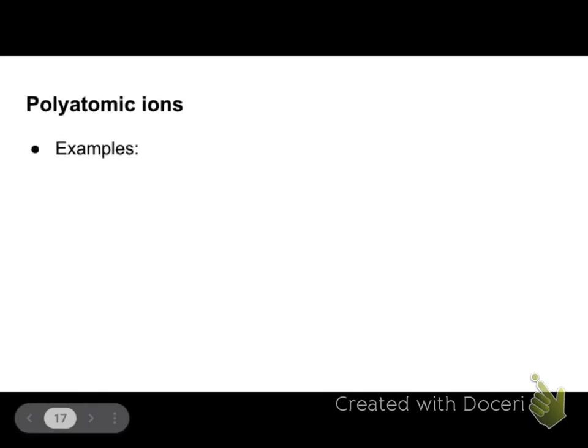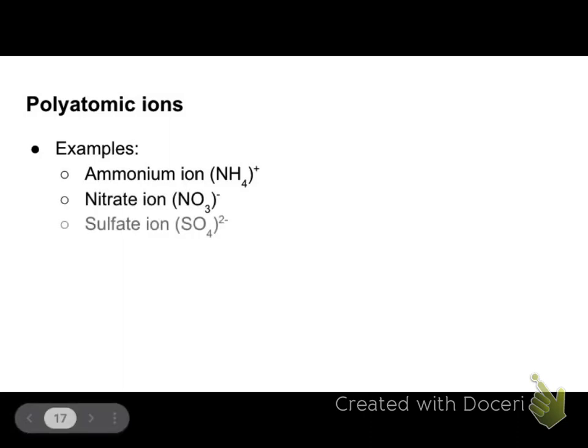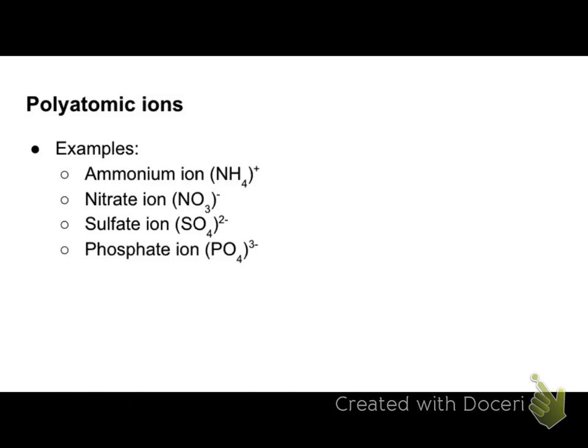Here are some common polyatomic ions. We have ammonium, which is a nitrogen atom bonded to 4 hydrogen atoms, and they lack 1 electron and therefore have a positive charge. And then nitrate ions, sulfate ions, and phosphate ions all have extra electrons, 1, 2, and 3 respectively, giving them -1, -2, and -3 charges.